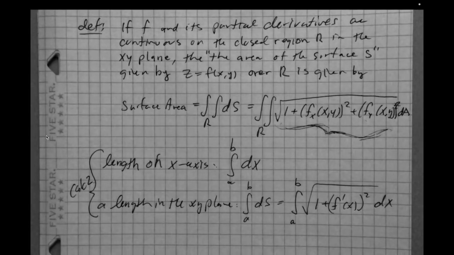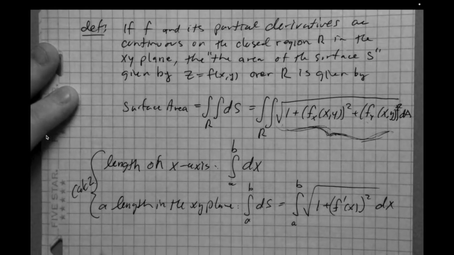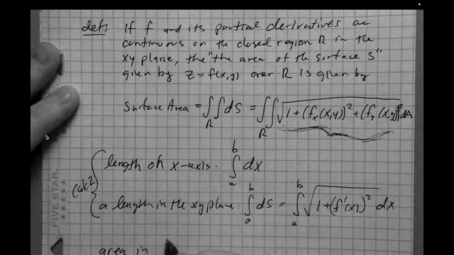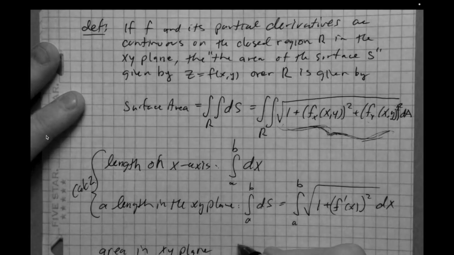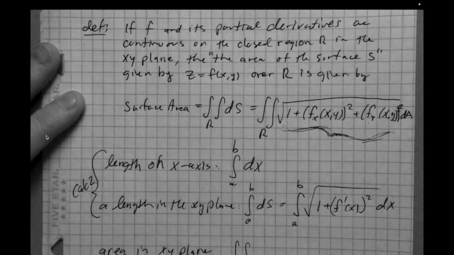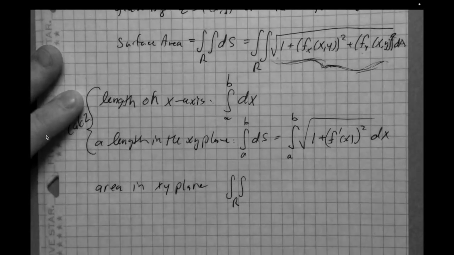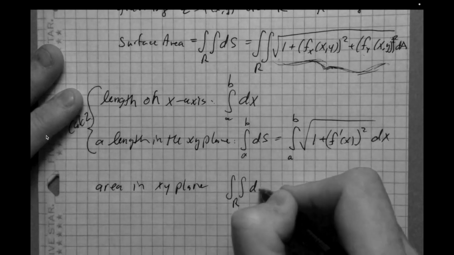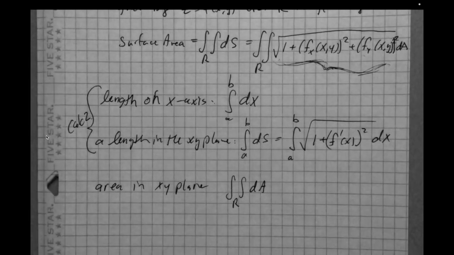Now in Calc 3, we have the idea of a double integral, and so we can derive something really pretty analogous. So in Calc 3, we have the area in the xy plane, right? The double integral over a region in the xy plane. So that's a double integral, so dA.